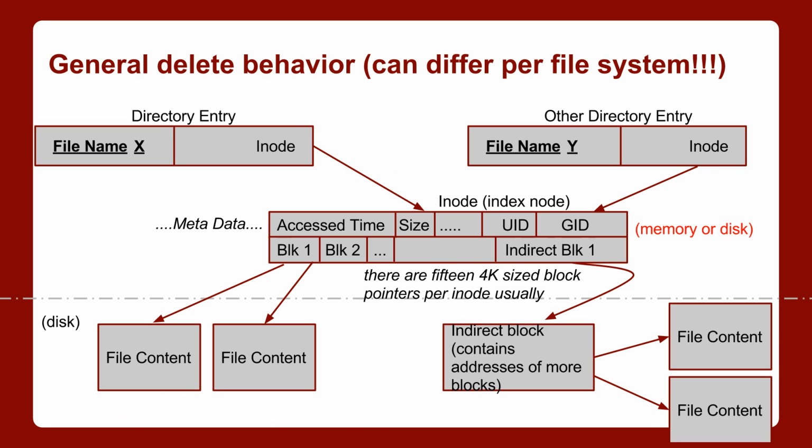So in the case where you have two files linking the same inode, and you tell it to delete file X, well, you can still use file Y just the same. So that's also very important to consider for forensics and for security in general. If you're trying to securely delete sensitive information, this is something very important to consider. Linux utilities like Shred offer secure deletion services.